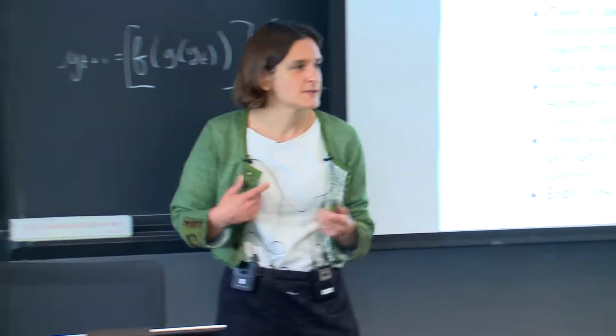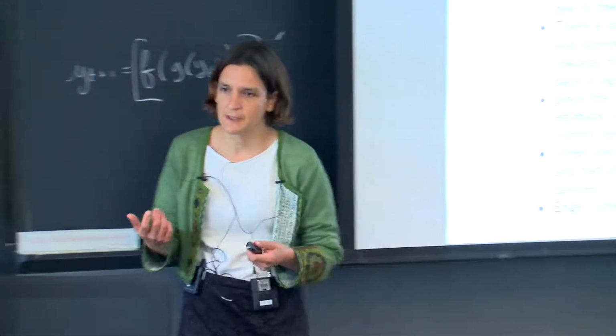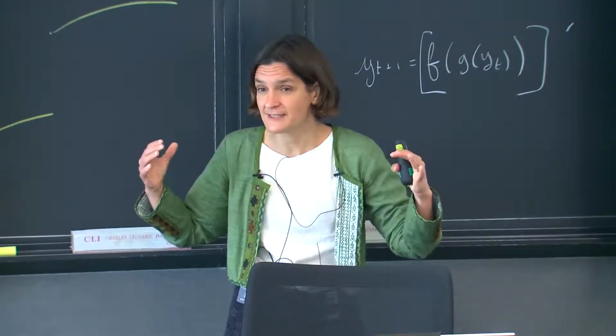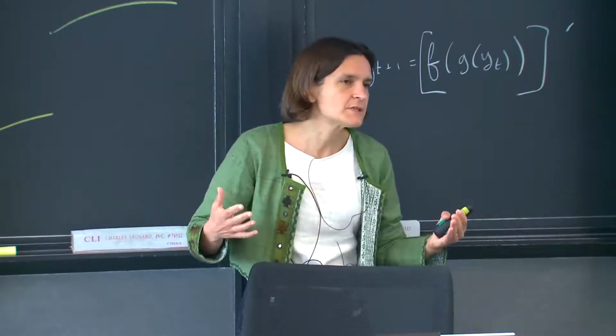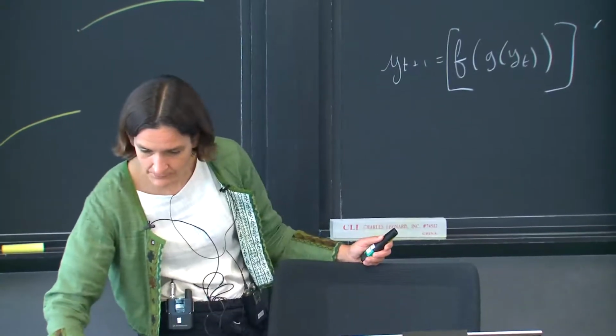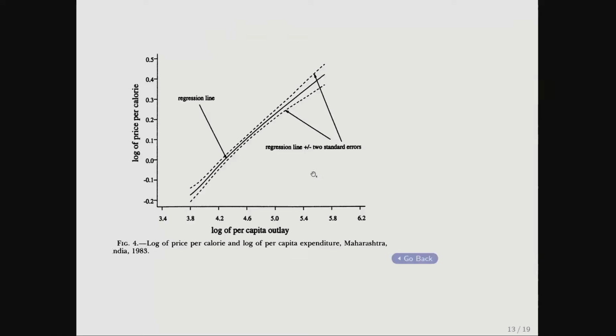I mentioned that we need to be careful about not using very aggregated food data, because as people become richer, they will eat more expensive calories. And they find that here: they calculate the price per calorie as a function of expenditure, and the elasticity is about the same. The elasticity of price per calorie and the elasticity of number of calories is about the same.